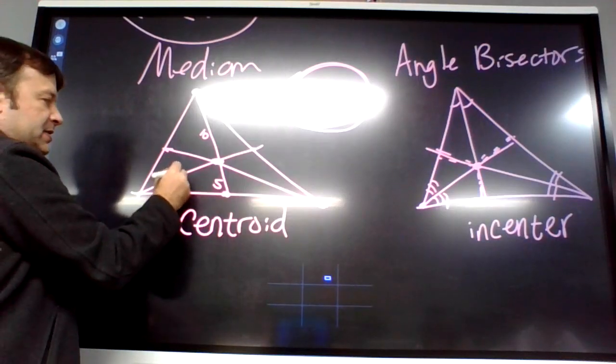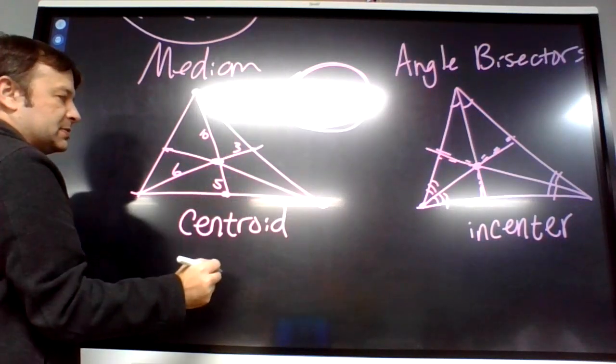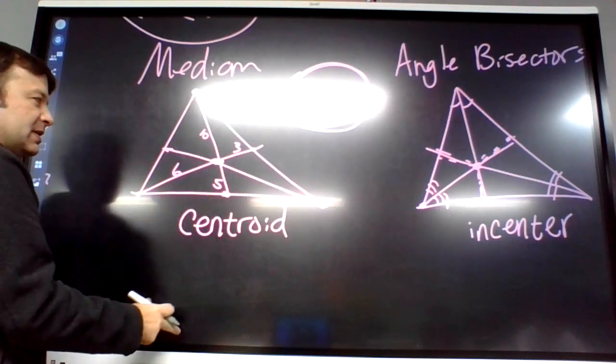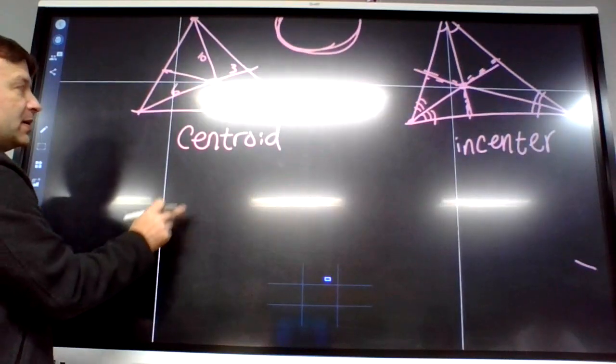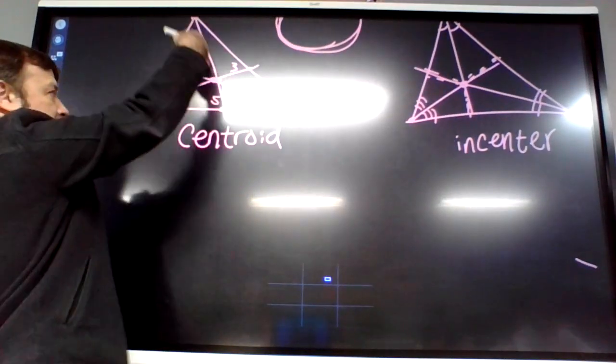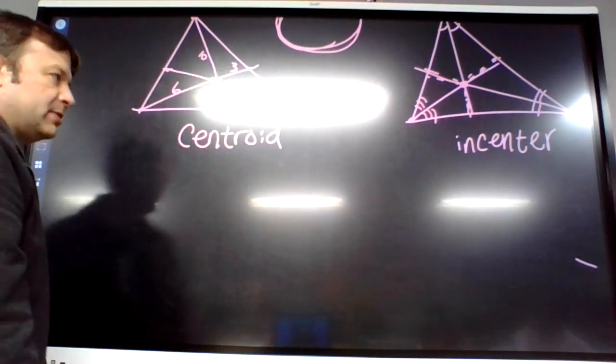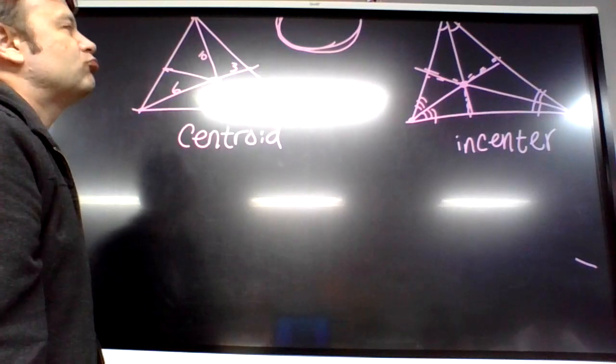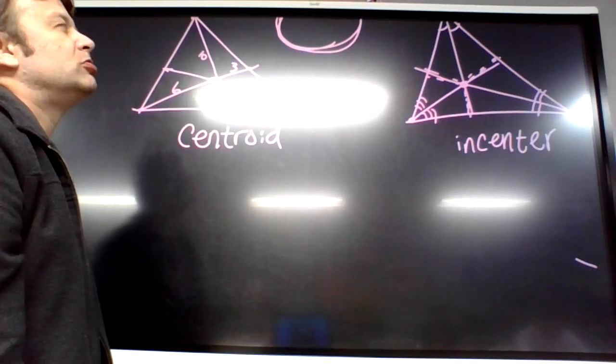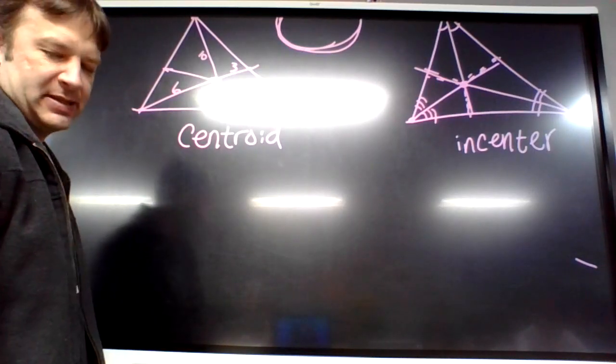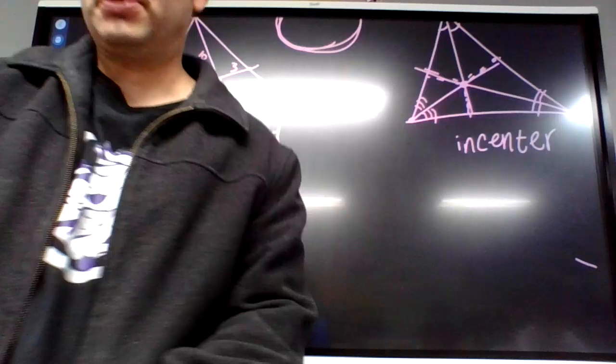So if this was like 6, this would be like 3. You see the pattern, maybe not, but the centroid is 2/3 of the way down the median. What else? I feel like I'm forgetting something, but maybe not.